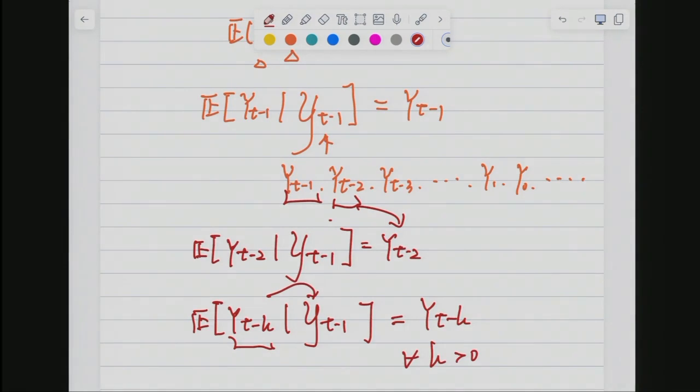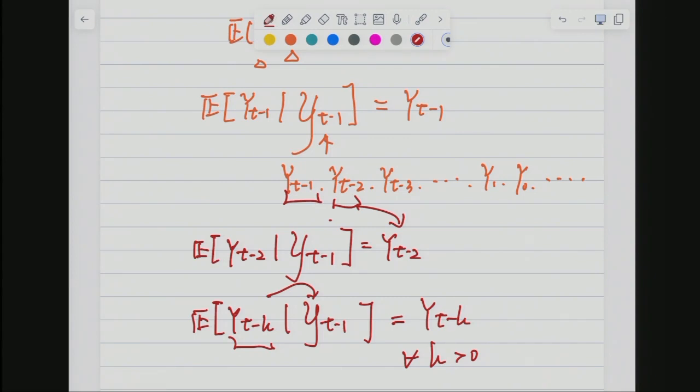So this is the second last quiz question. Now the very last one, okay, we have an AR(1) model with IID white noise error, u_t, that is independent of all past observations of y_t.